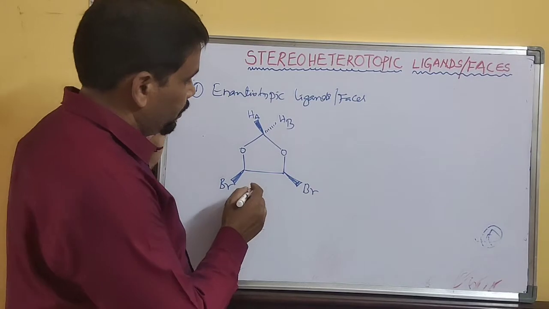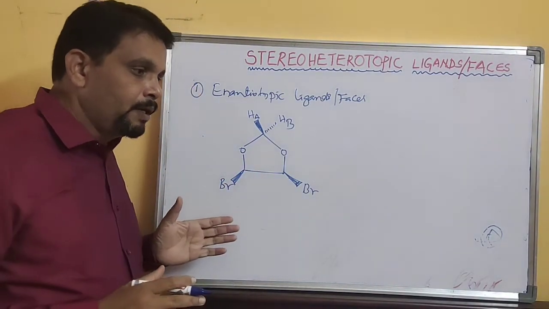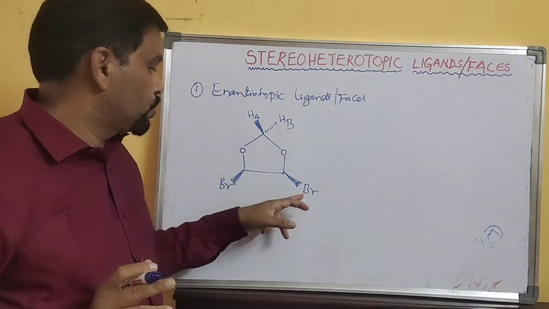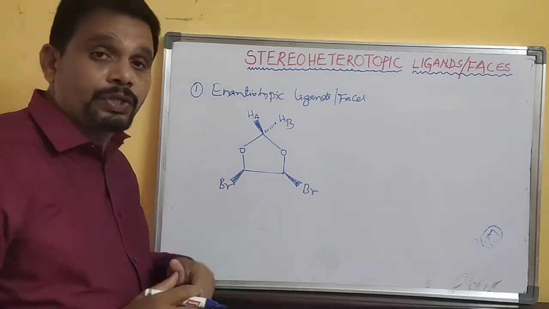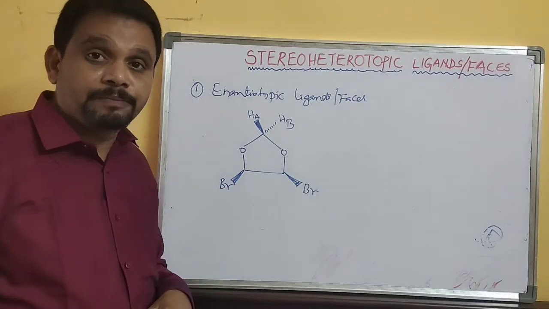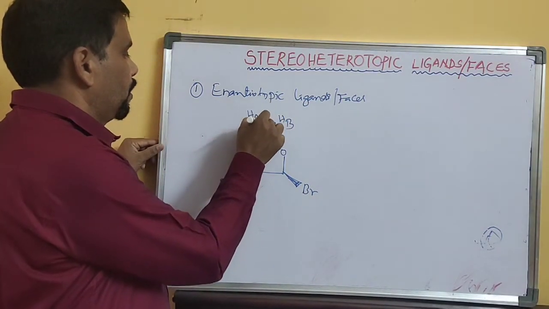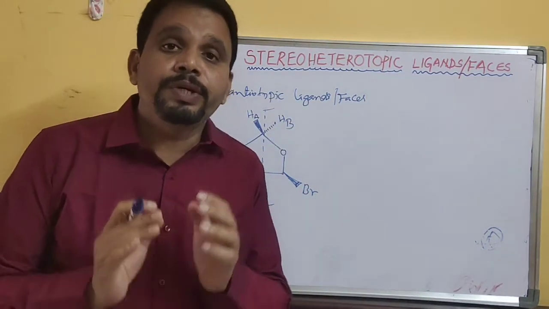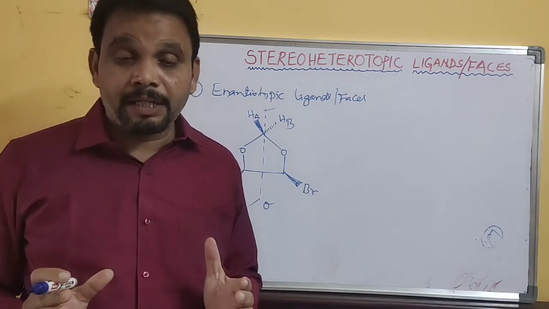First you look at whether there is any Cn axis of symmetry in that molecule. These two are in one plane, therefore there is no Cn axis of symmetry in this example. But there is a plane of symmetry. If you divide these two with this plane, you will get two equal parts through the plane.